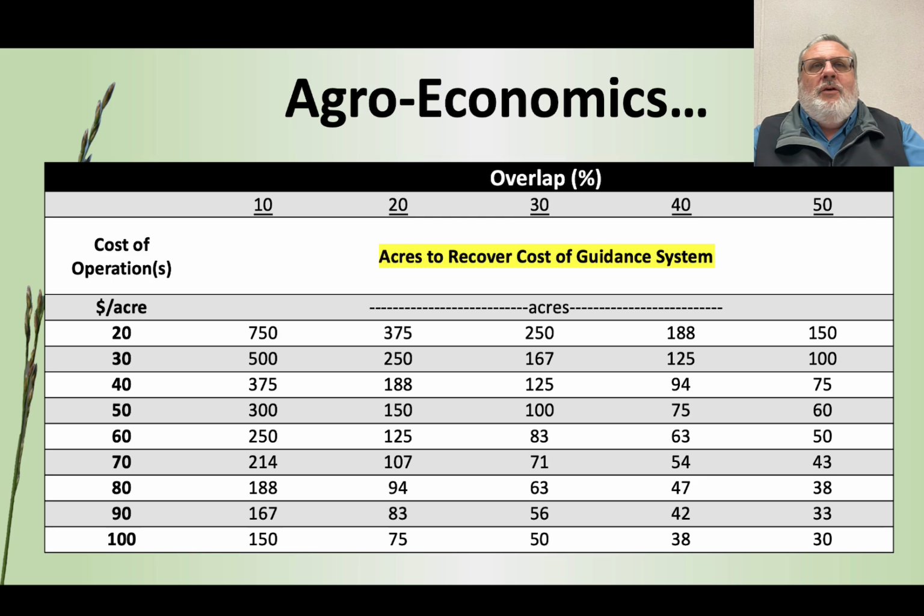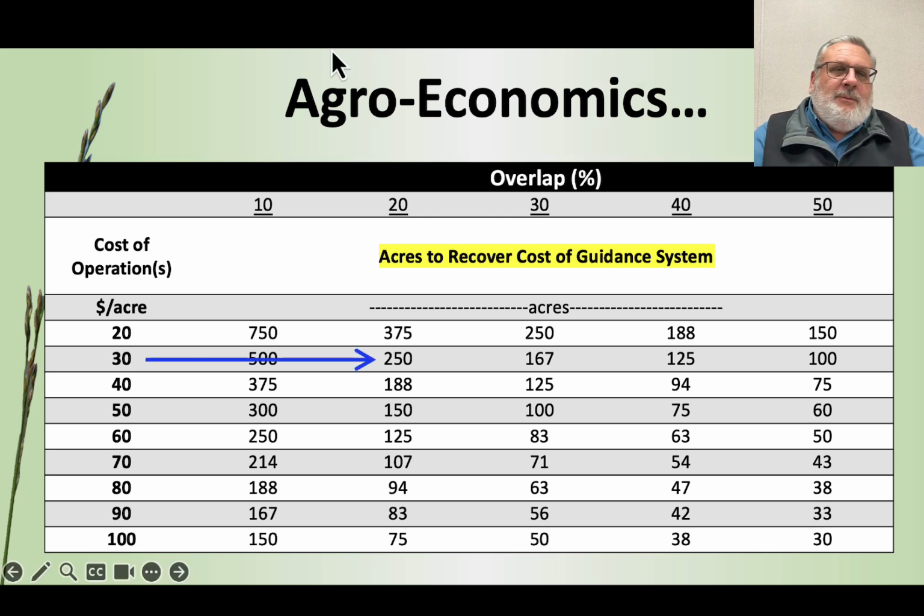So this is just a little bit on the economics of buying one of these small portable GPS units. We paid about $1,500 for the unit used in this study. And this is what I call agroeconomics. So I'm not an economist, I'm just an agronomist. And I kind of tried to put some numbers with how long it would take to recover the cost of these small units.